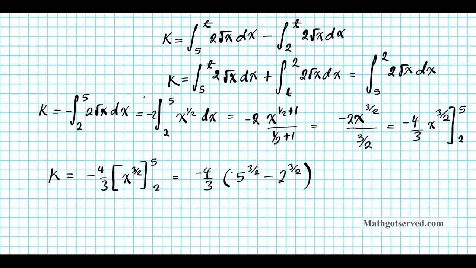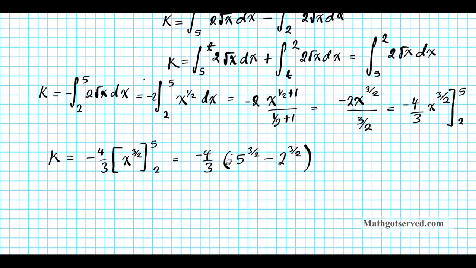So we can write this as -4/3 times, we can break this apart. This is 5 times 5 to the 1/2, right? 5 to the 1 times 5 to the 1/2 minus 2 to the 1 times 2 to the 1/2.